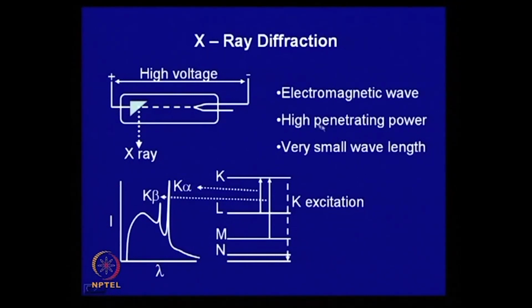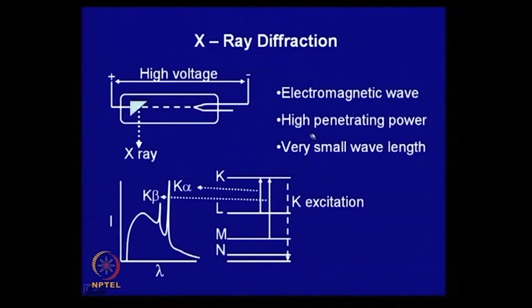And X-ray also has a very high penetrating power. It can pass through thin pieces of metals. In the case of steel, it will be thin, but in the case of aluminum, even quite thick samples, the X-ray will be able to penetrate through.